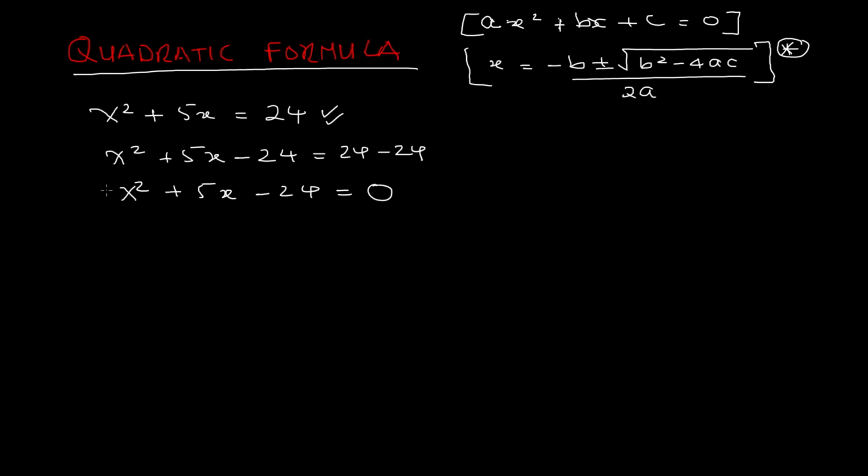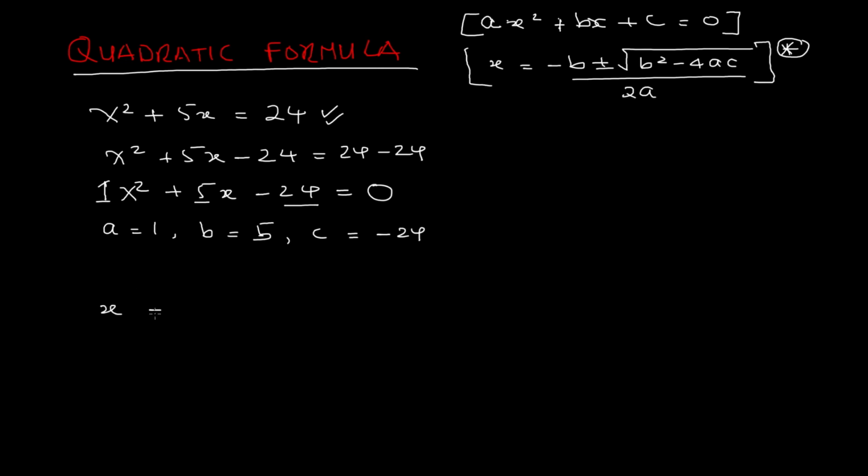So we know that in that format, we have a 1 as A, then we have 5 as B, and then we have negative 24 as C. So A is equal to 1, B is 5, and then C, you have to also include this sign in front of it.